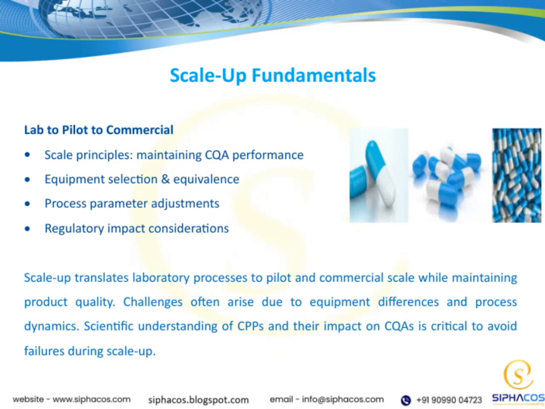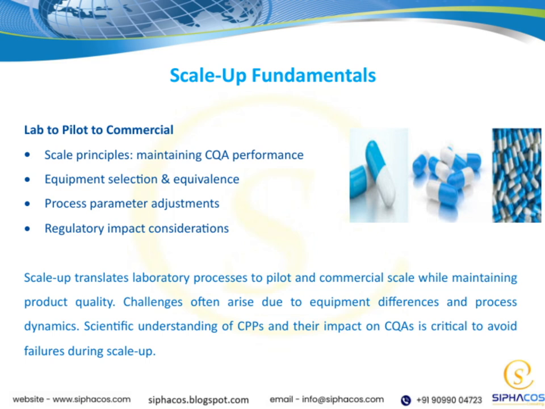Moving from lab to pilot to commercial production is a crucial step in bringing a product to market. The key here is to ensure that we maintain the critical quality attributes, or CQAs, throughout this process. This means applying core scale principles, such as equipment selection and ensuring its equivalence, so that the process remains consistent. Adjusting process parameters thoughtfully is also essential.